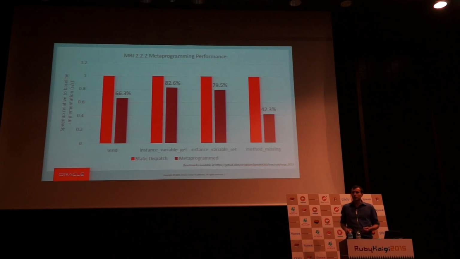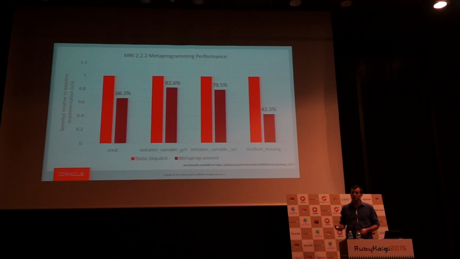But what I've done is measured method dispatch time using static dispatch, just calling the method directly, and metaprogramming, calling it through send. The time spent loading and storing instance variables using the generated helpers from attr accessor, and doing the same thing with instance variable get and set.